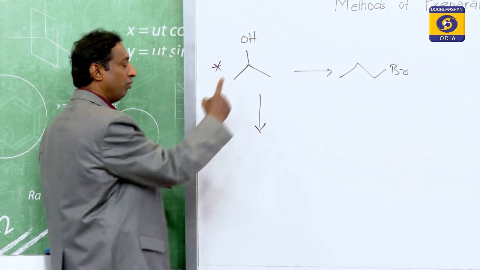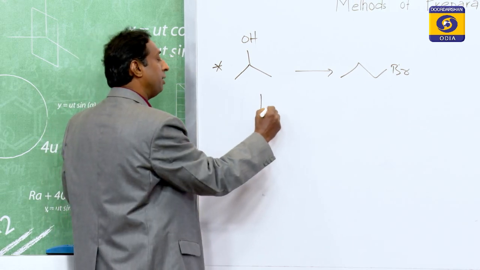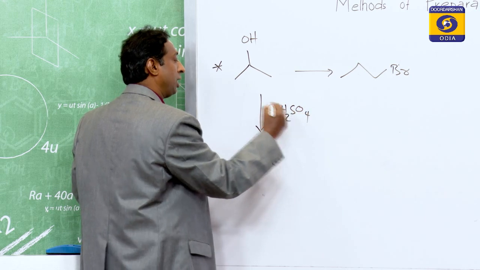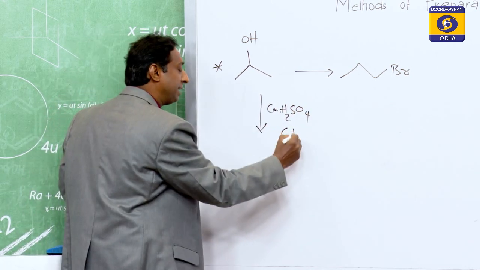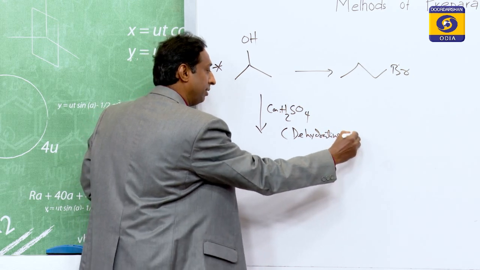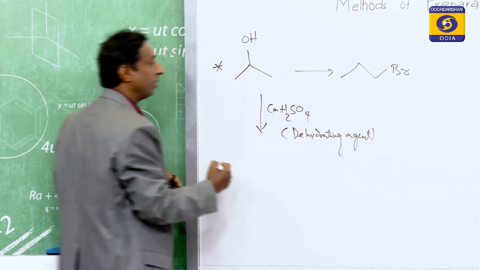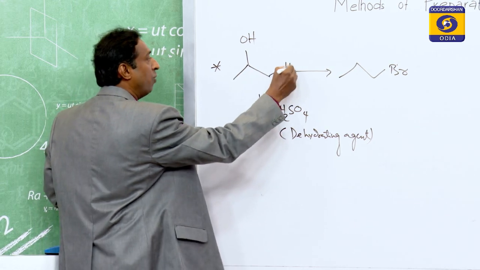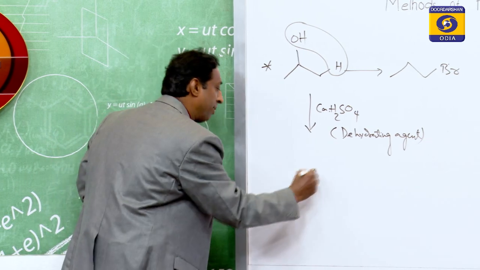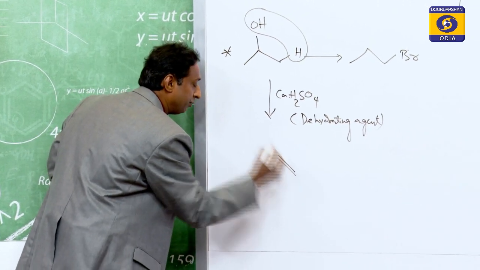First of all, you use concentrated sulfuric acid. This is a dehydrating agent. It will simply remove the water molecule from the isopropyl alcohol, giving rise to this compound.